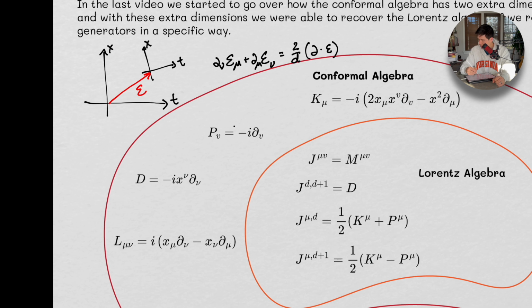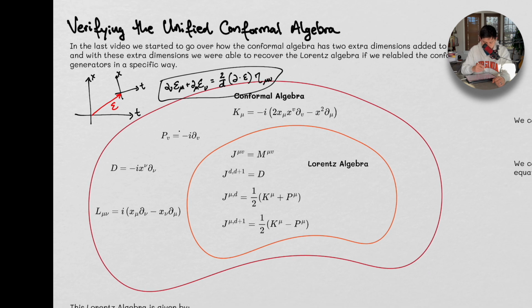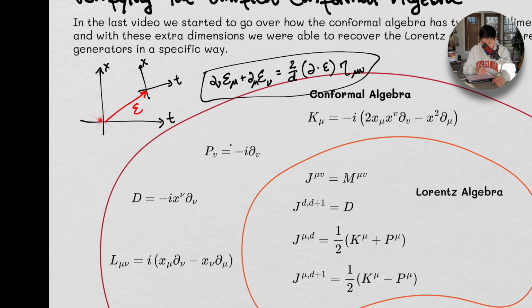I'm just double checking, not messing things up with our Minkowski metric, and that's just going to be eta mu nu, right? We found that this was the equation that dictated the rules that this epsilon should obey. Okay. This was our conformal equation.